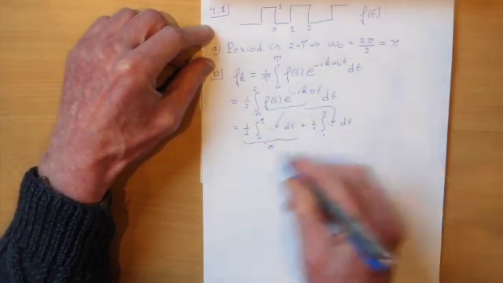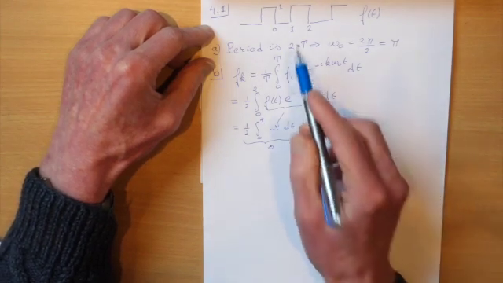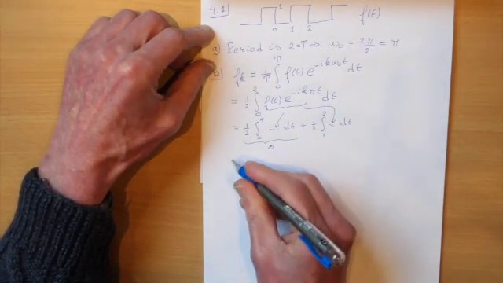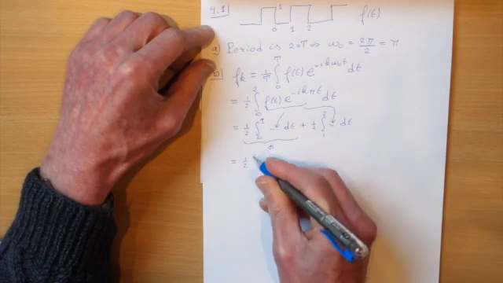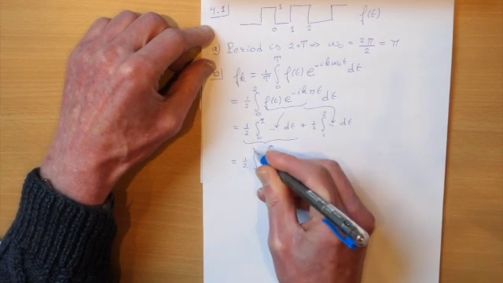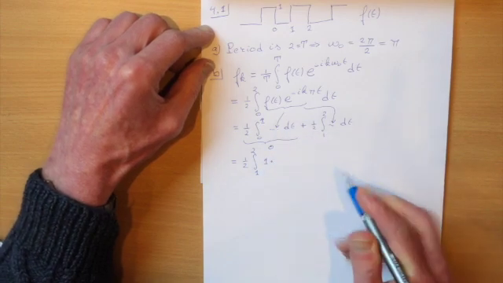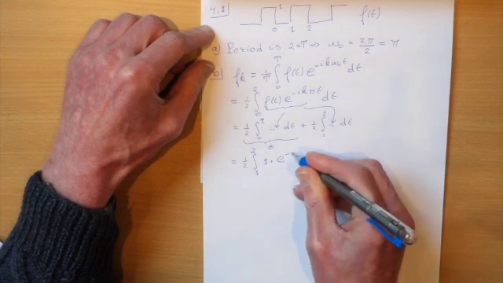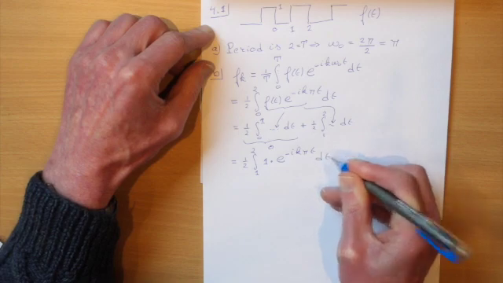Now, what do I know about the function here? Here my function has height 1. So what do I get? I get a half, that's this half, integral from 1 to 2, and then 1, because that's the value of the function in this interval, e to the power minus i k pi t dt.